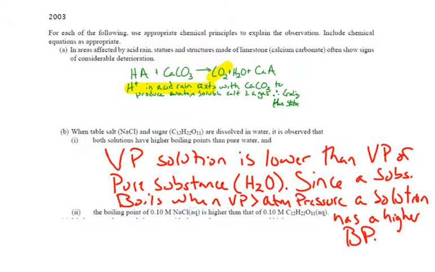This is one of those questions where there's some overlap between two units. This combines our solutions unit as well as our intermolecular forces unit. What's effectively happening here is that you have some compound in this water.